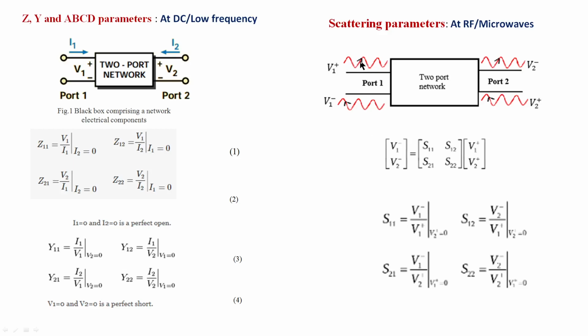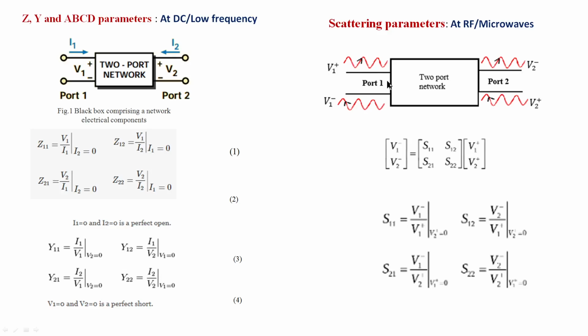The incident wave is represented by V1 plus, like this. The plus sign indicates the wave incident to the port. This is called port 1. This is port 2. This is a network. This is called the incident wave, and the plus sign indicates the wave incident, and 1 represents the port number.